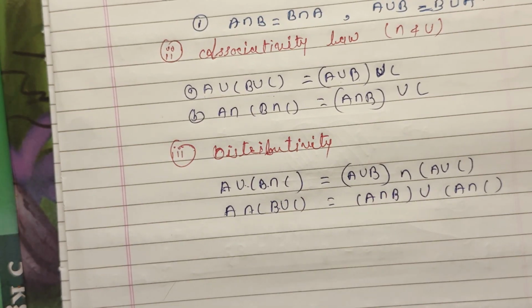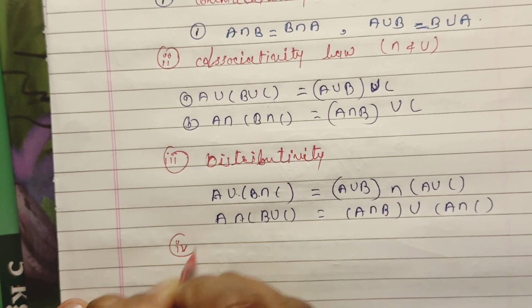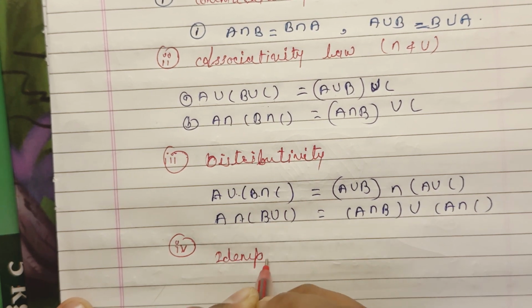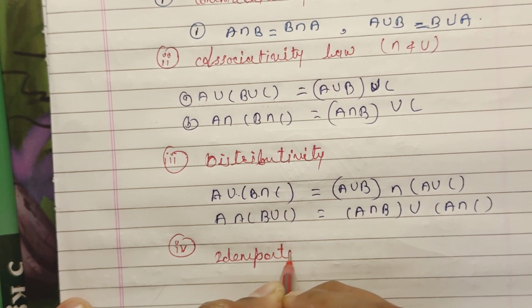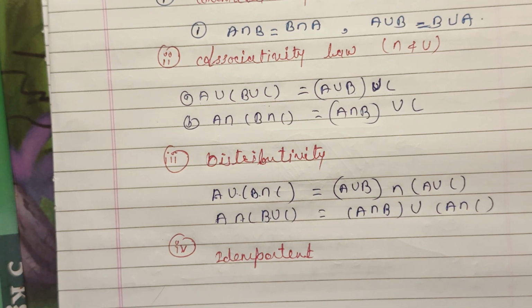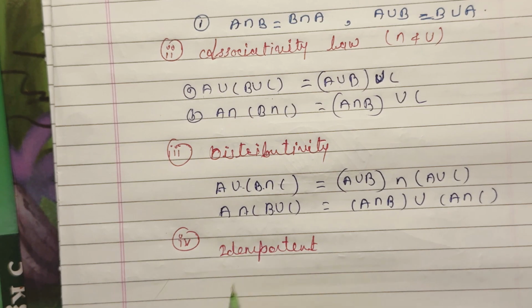After the distributive law, we go for the idempotent law, the fourth law. What does the idempotent law say? If you take the union of a given set with itself, that should be the set itself.